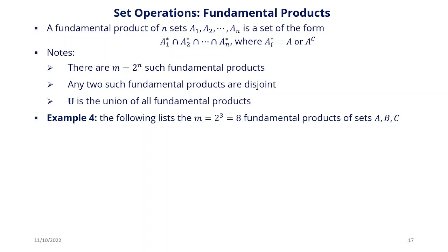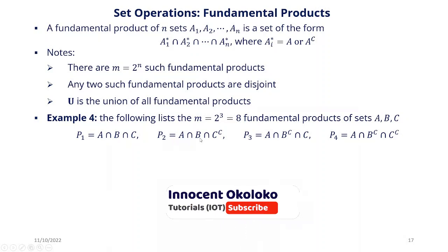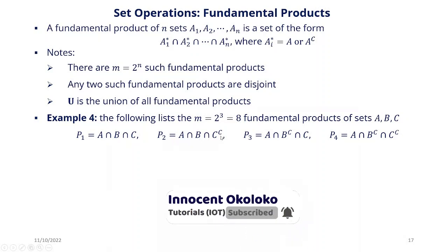Let's take an example. The following lists the M fundamental products of sets A, B, and C. P1 equal to A intersection B intersection C. P2 equal to A intersection B intersection C complement.